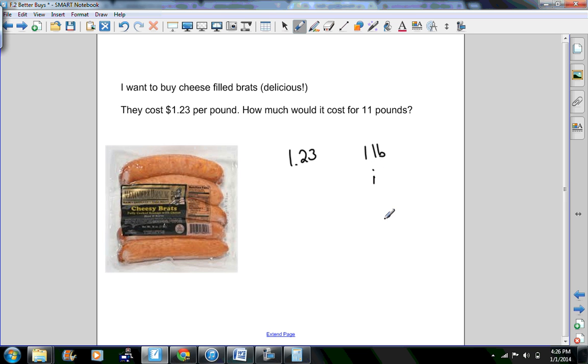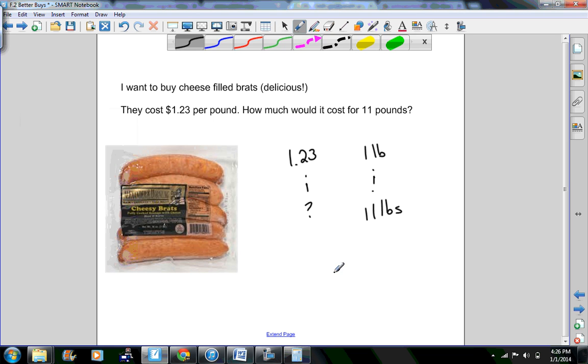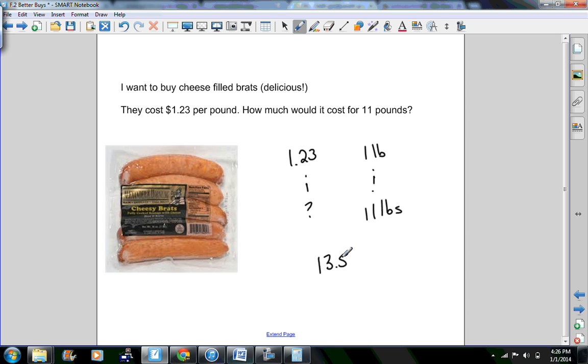But now I want to go backwards, and I want to do 11 pounds, and I need to figure out the cost. So for this one, last time we wanted to make the numbers smaller. This time we want to make them bigger. So we're going to do $1.23 times 11 pounds, which is $13.53 for 11 pounds.